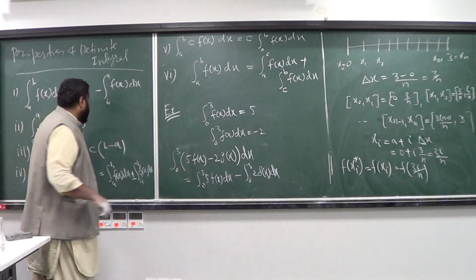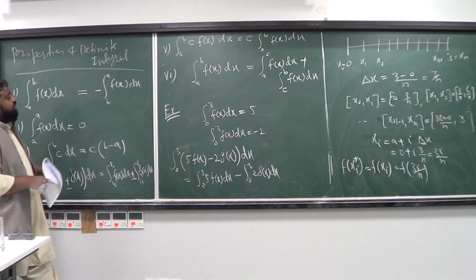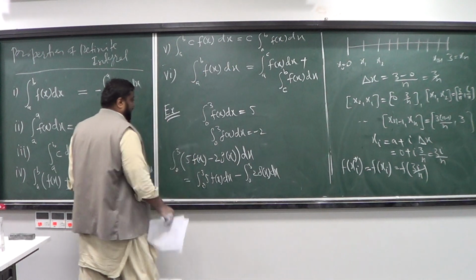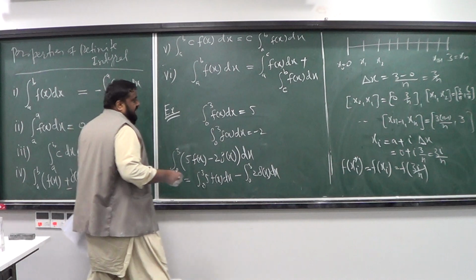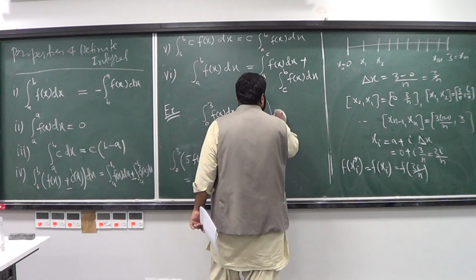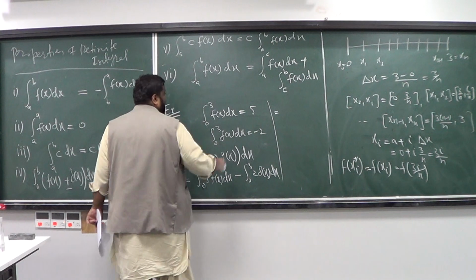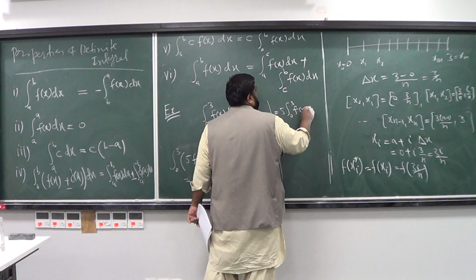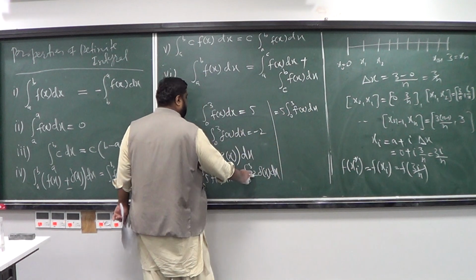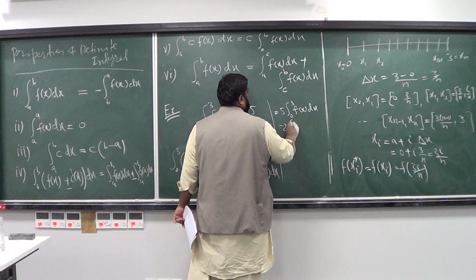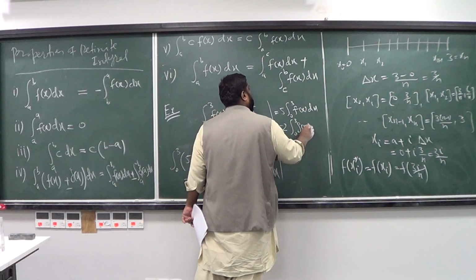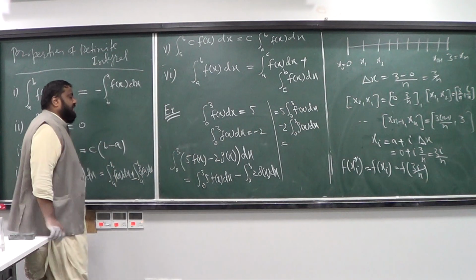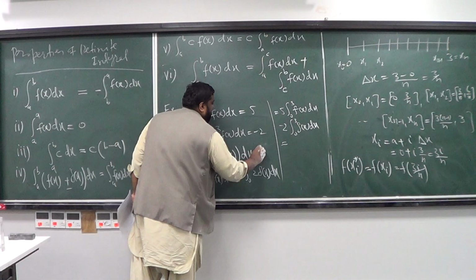Then I can apply what? That if you have a constant multiplied by f of x, you can pull that constant out of the integral. So if I pull this 5 out, it's going to be 5 times the integral from 0 to 3 of f of x dx, and if I pull this 2 out, minus 2 times the integral from 0 to 3 of g of x dx. Now I can substitute the value of the integral.